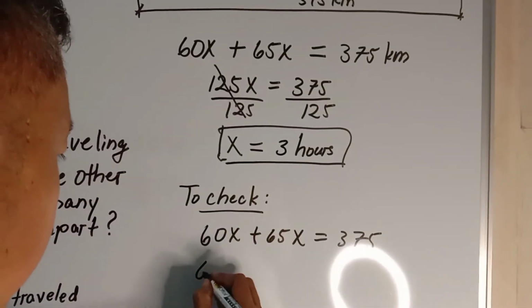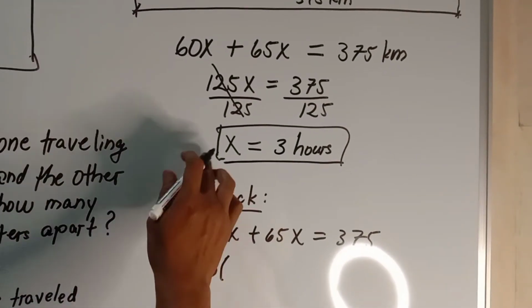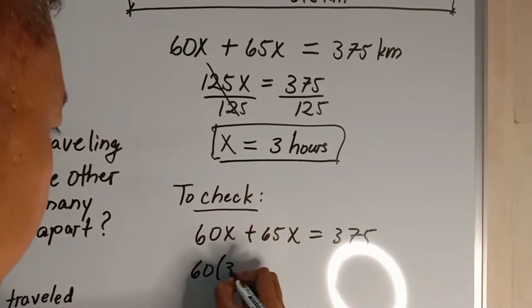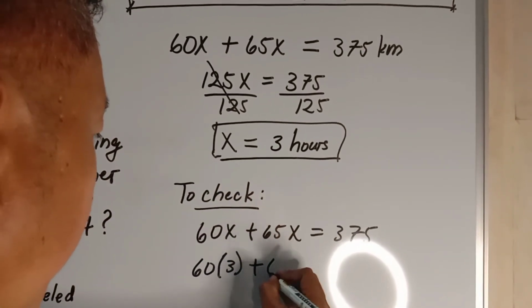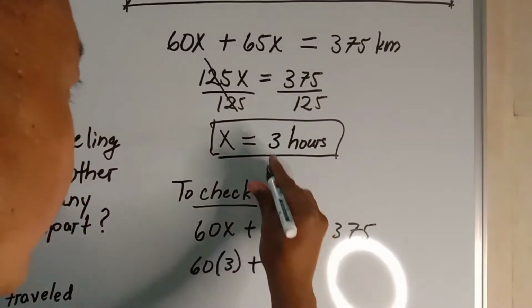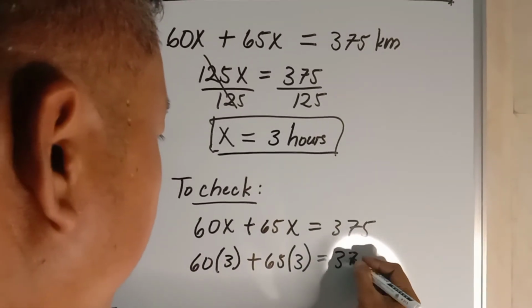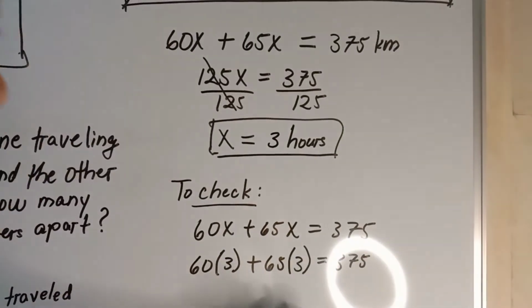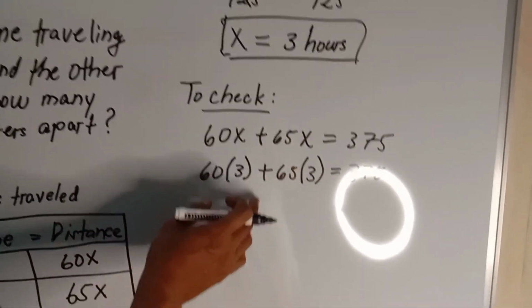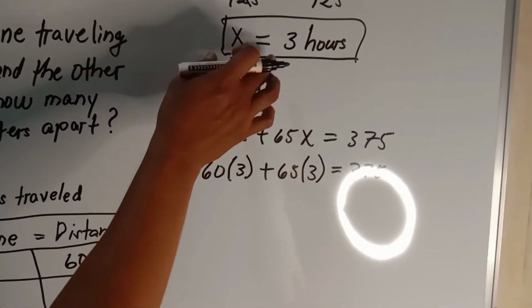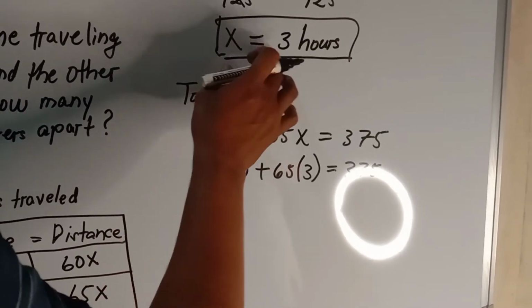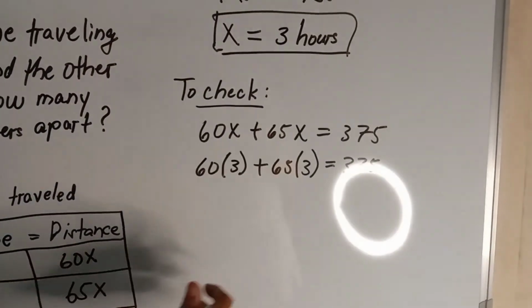How much is the value of x? 3 hours. So 60 times 3, plus 65 times 3, is equal to 375. We want to know whether the answer for the value of x, 3 hours, satisfies this.